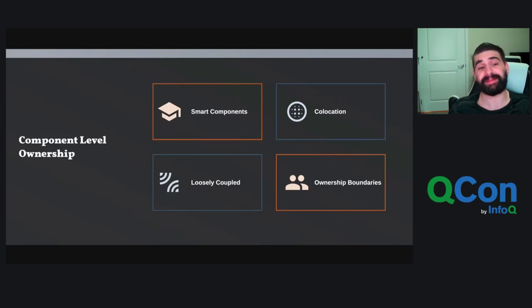The last area that we really want to think about with component level ownership is the ownership portion. What are the ownership boundaries and when do they apply? That is something you really want to choose wisely, because you need to understand where the scope of what one team owns ends, and where the scope of what another team owns begins?